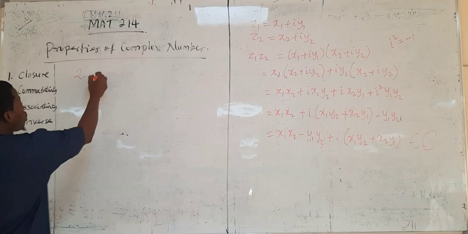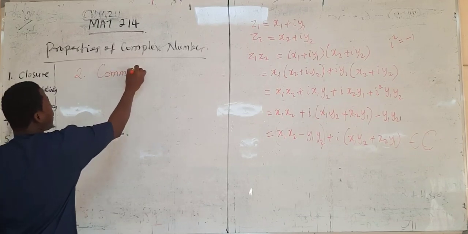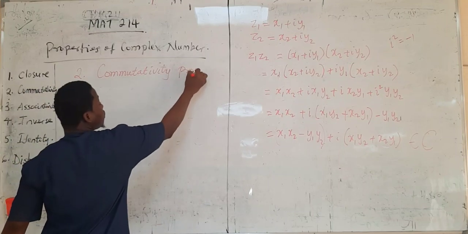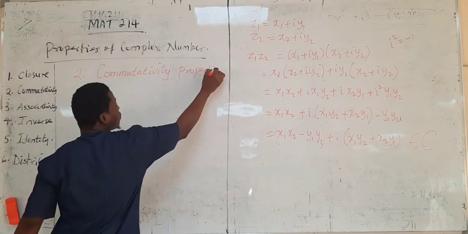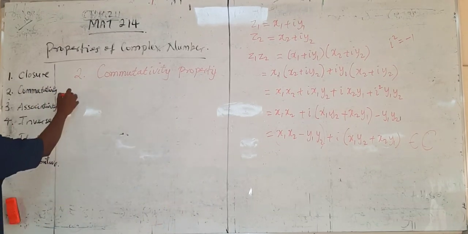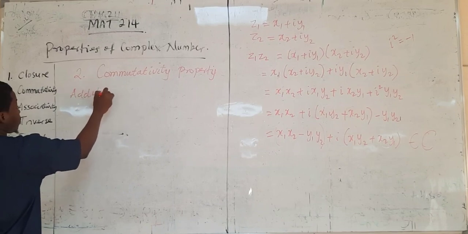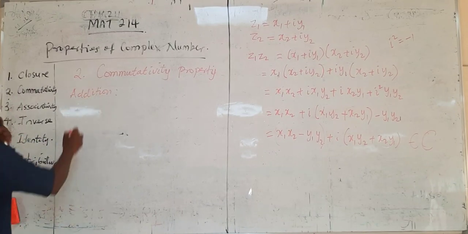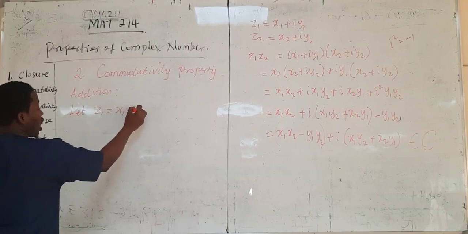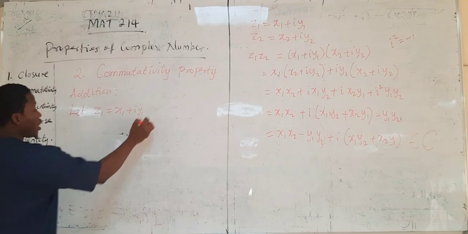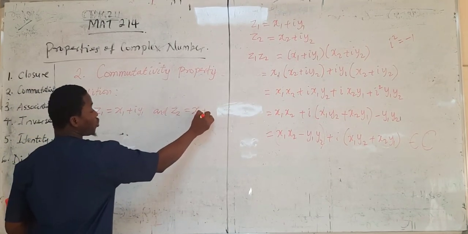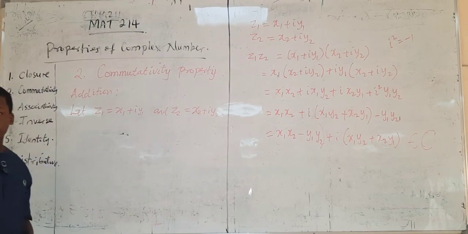Now we test for commutativity. Now for addition, we say let z1 be equal to x1 plus iy1 and z2 be equal to x2 plus iy2.